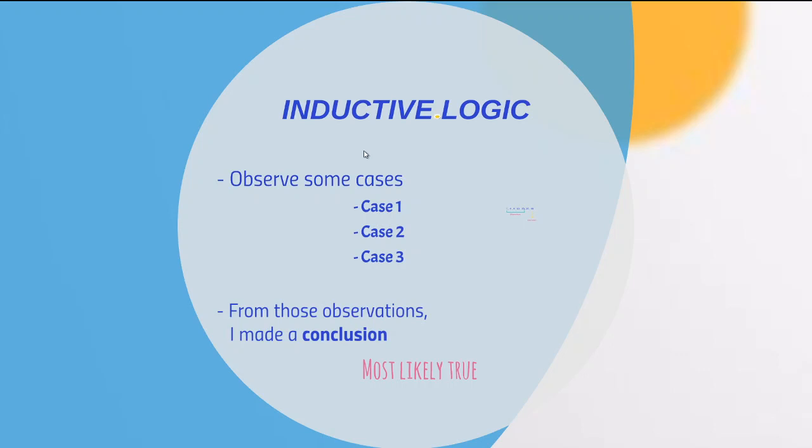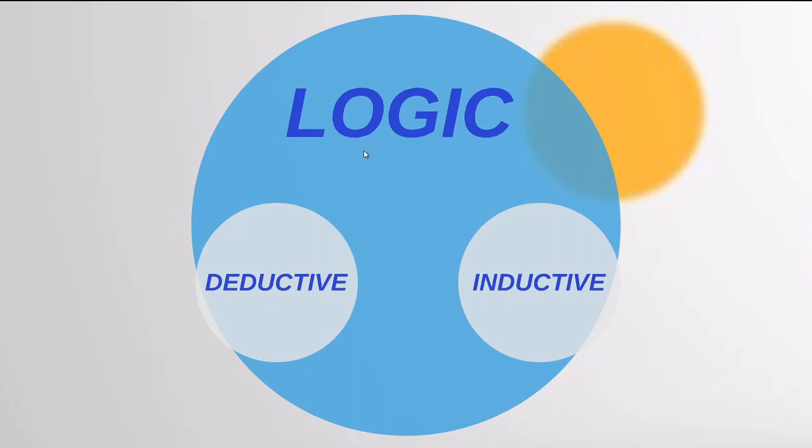Okay. Now, what we are going to do in this chapter is bring these two logics together and apply a test, and the name of that test is principle of mathematical induction. With this principle, we are going to prove things.